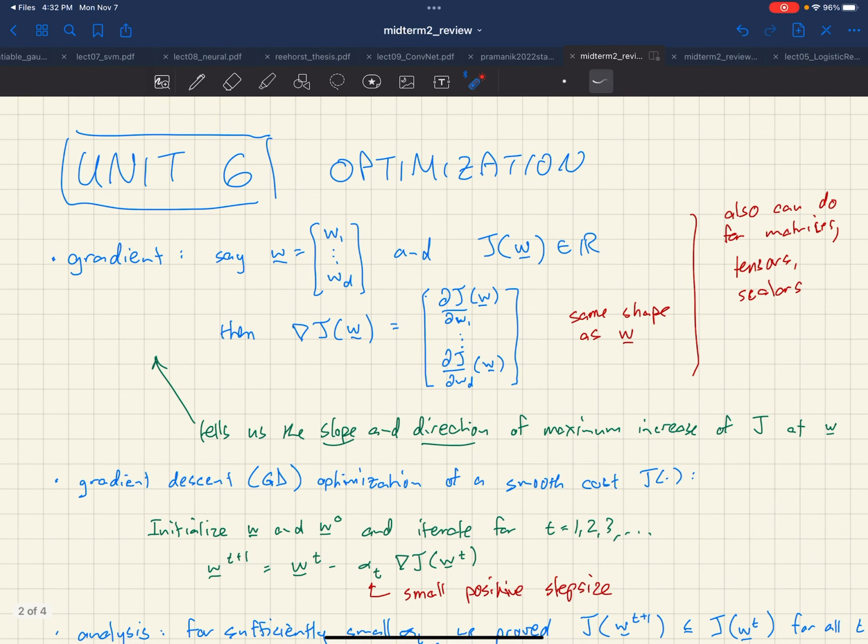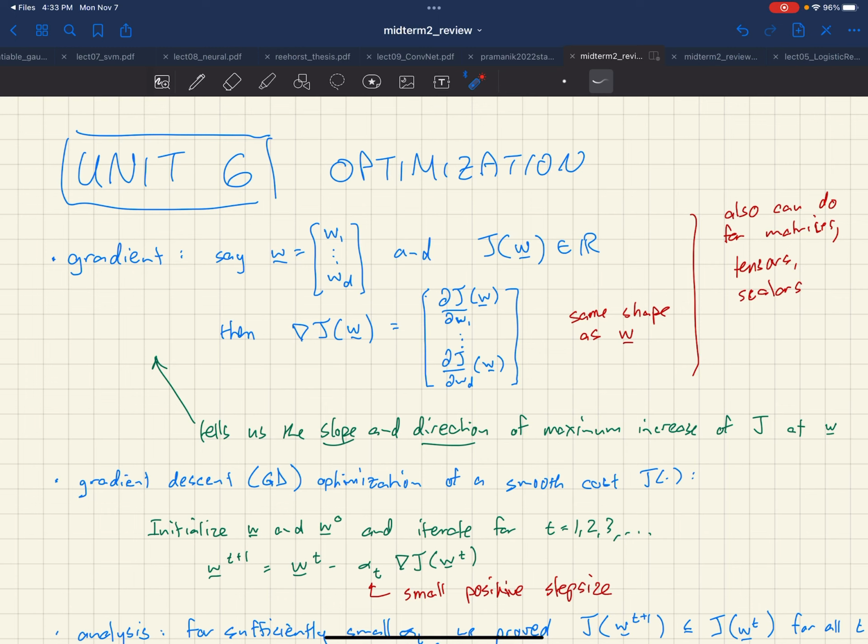So one of the main concepts in optimization that we started out with is the gradient. If we have a parameter vector W with D entries, and if we have a cost that we measure for that parameter vector, and by definition our cost has to be just one real number, then the gradient of the cost with respect to that vector is going to be a set of partial derivatives that has the same shape as the parameter vector.